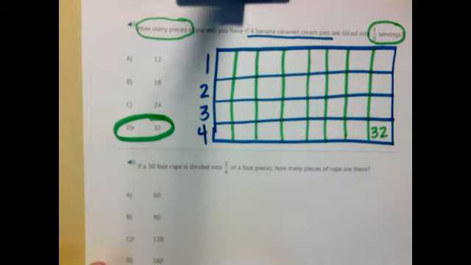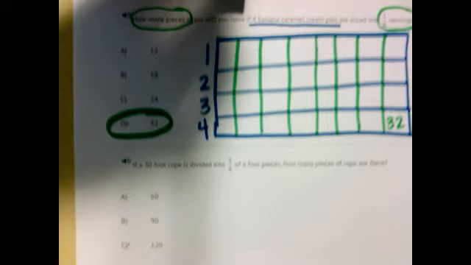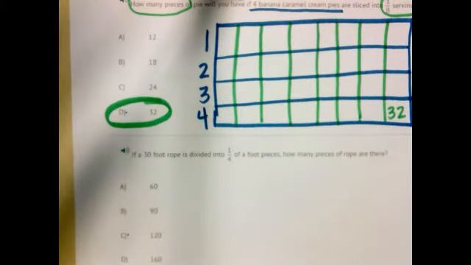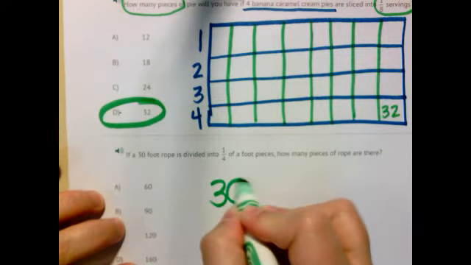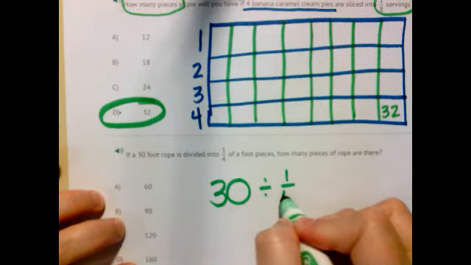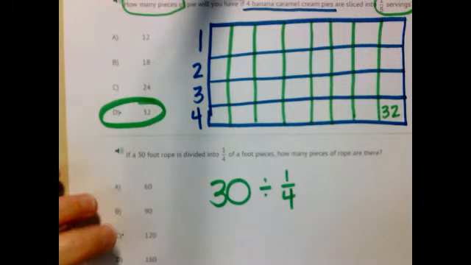All right, so for the next one, it says, if a 30-foot rope, let me see if I can get that a little more clear. There we go. If a 30-foot rope is divided into 1/4 of a foot pieces, how many pieces of rope are there? Okay, so what we're actually saying is 30 divided by 1/4.